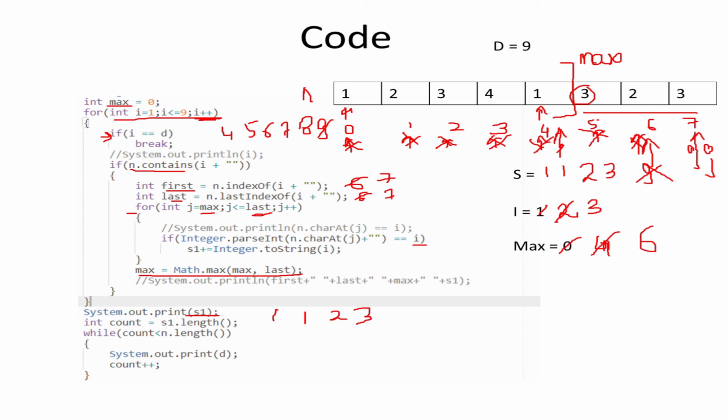Here we find the length of s1, that is 4, and we will repeat this until it equals the length of the original number. So 4 is less than 8, so we will print 8 here 4 times.